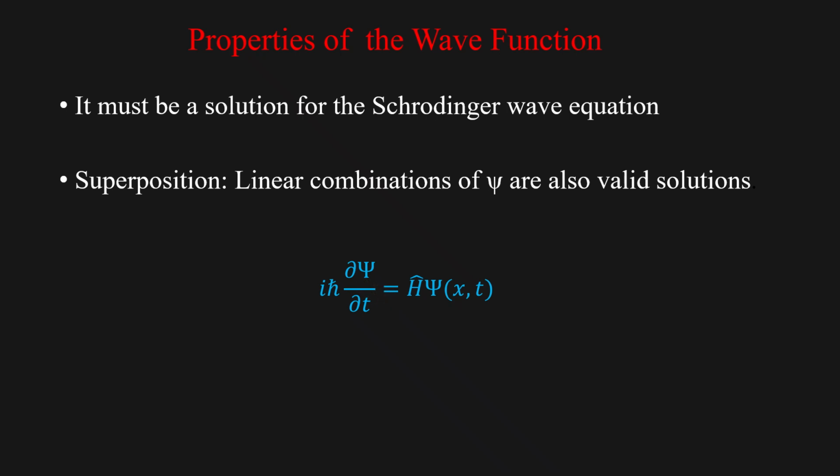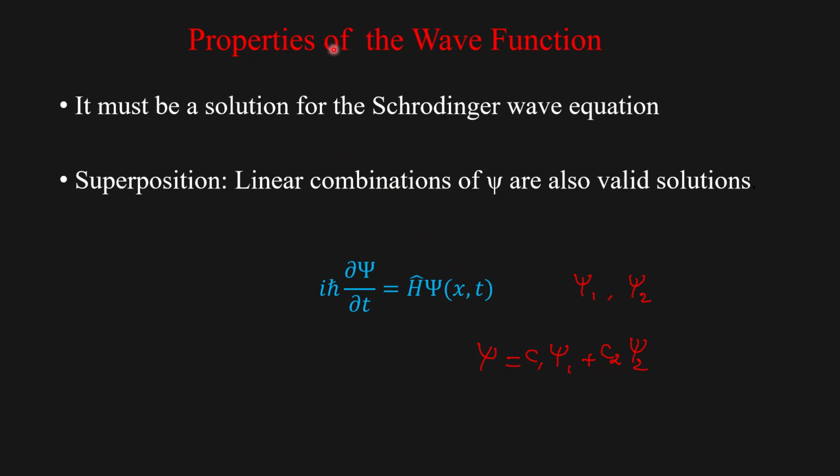Let us say psi 1 and psi 2 are solutions of this Schrödinger equation. Naturally, c1 psi 1 plus c2 psi 2, any linear combination, is also a solution of the same Schrödinger wave equation. We are going to deal with this in detail when we deal with both the theory as well as the problems.